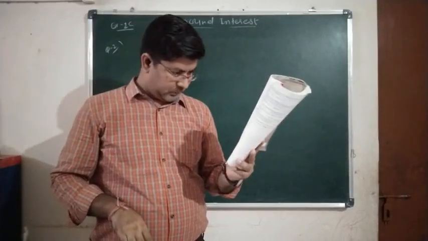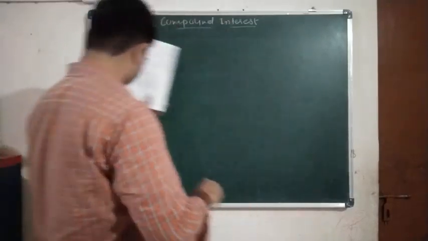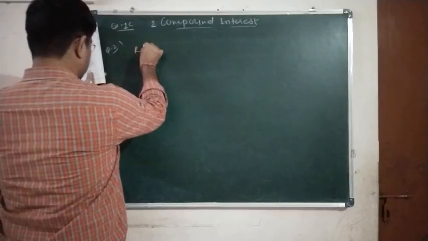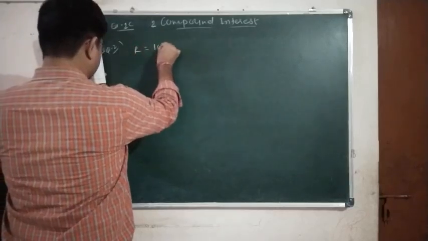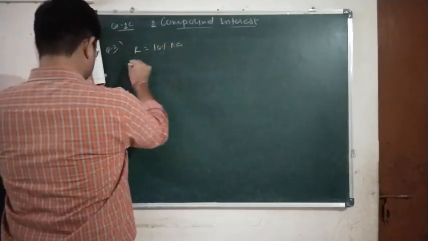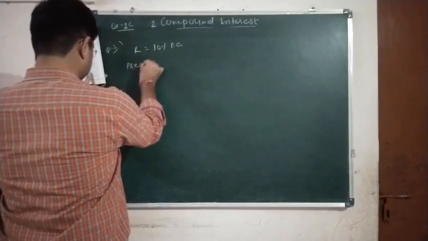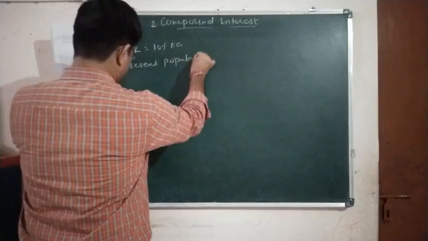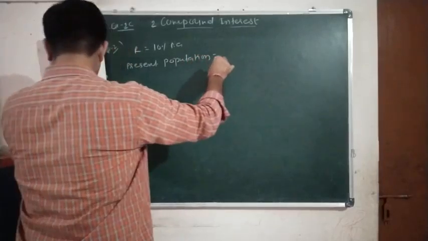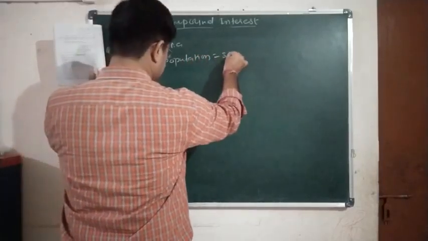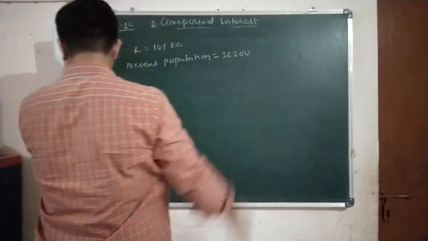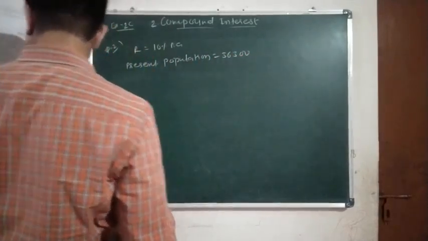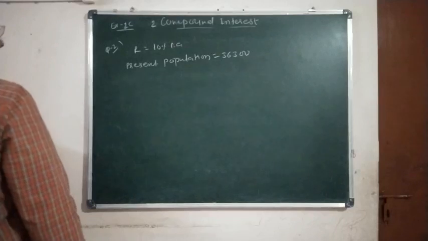The rate of increase is given as 10% per annum. Present population is given to be 36300. Find the population after 2 years and the population 2 years ago.